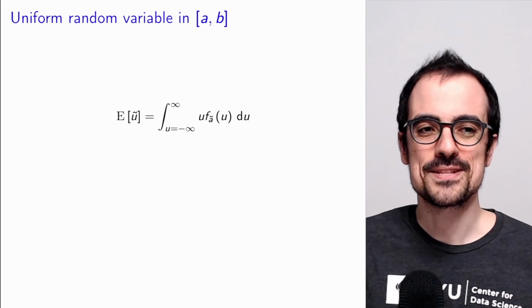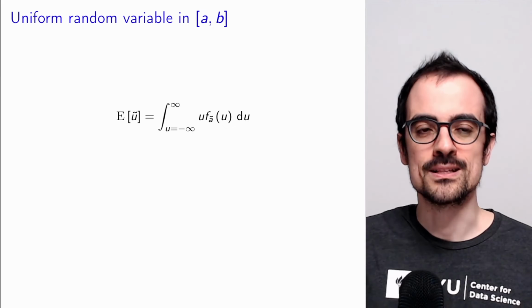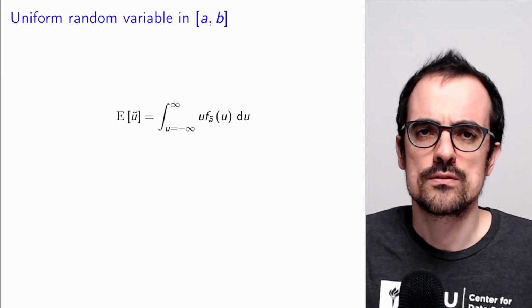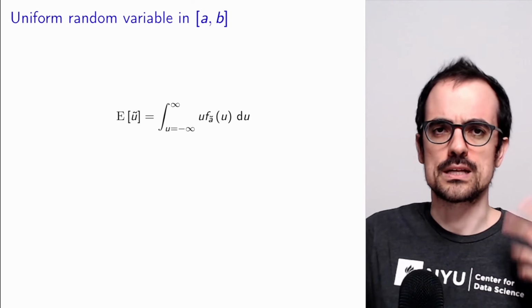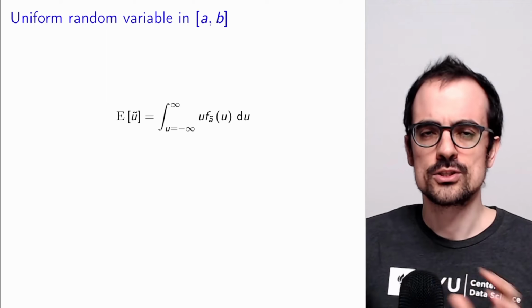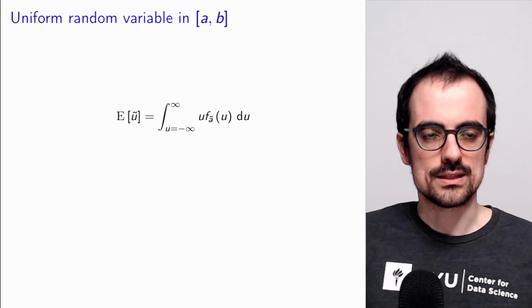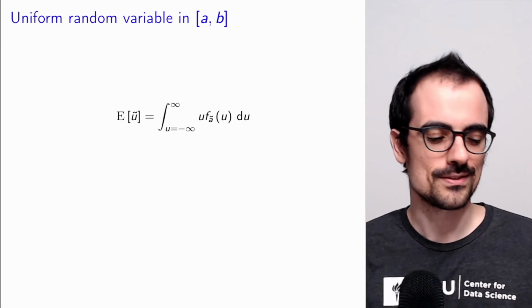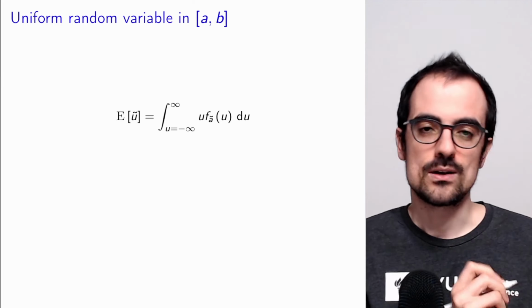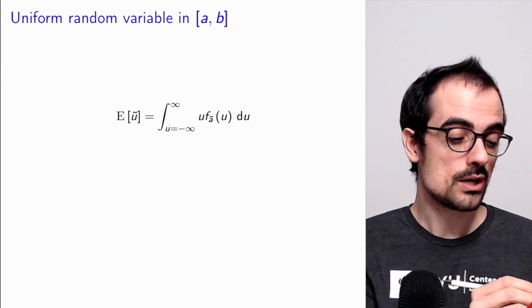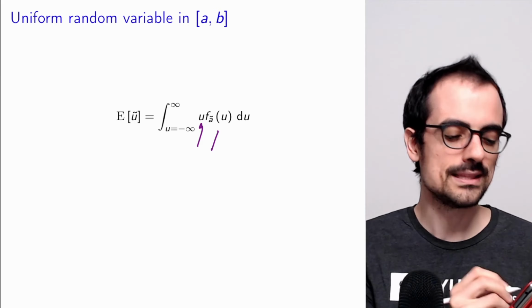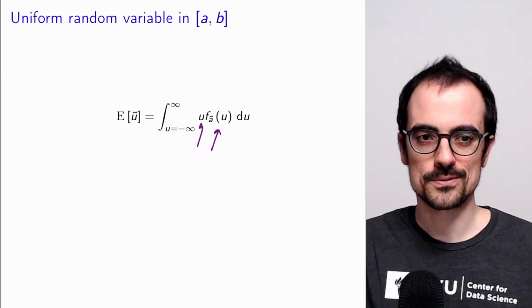Let's do an example. Imagine that we have a uniform random variable in AB. What happens if we have many samples from the uniform random variable and we take an average? What should that equal to? Well, that typical value will approximate the mean of the random variable. What is the mean equal to? According to our formula, we're going to take all the possible values of the random variable and weight them by the density and then take the integral.